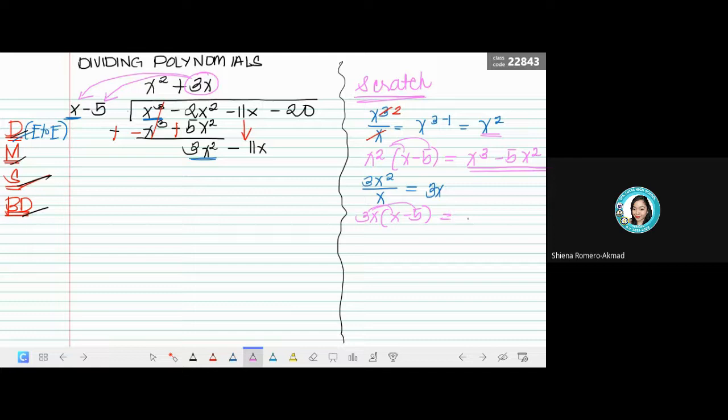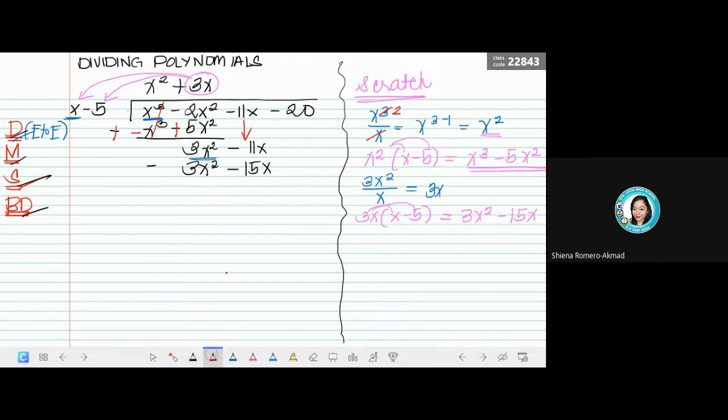Distributive property, 3x times x is 3x squared. 3x times negative 5 is negative 15x. Sulat ulit natin dito. So we have 3x squared minus 15x. Subtract.